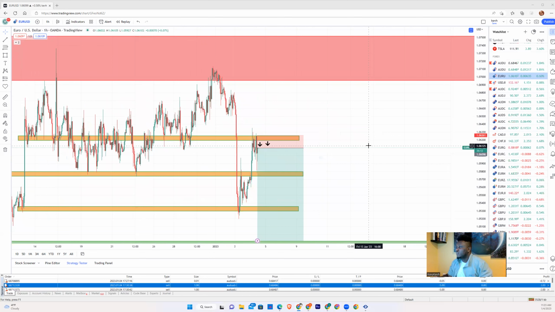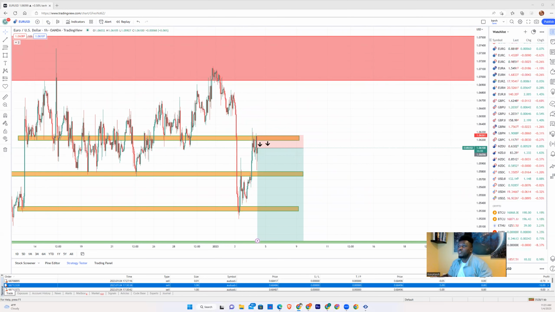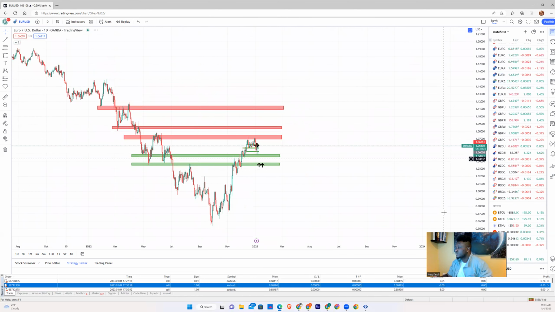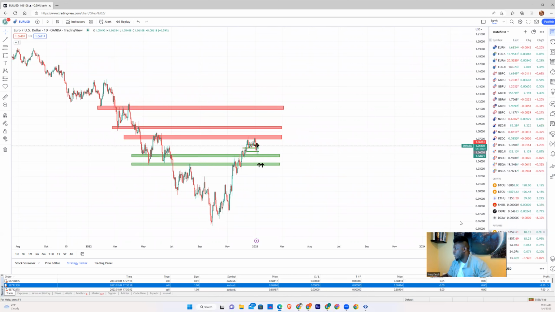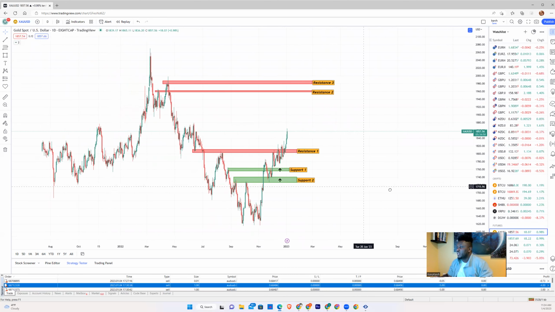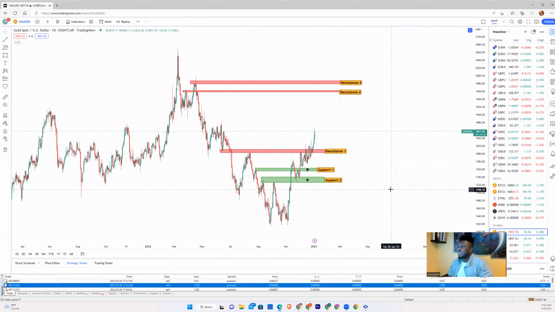We have been on a long-term trade on gold daily. Here we go. I love this.